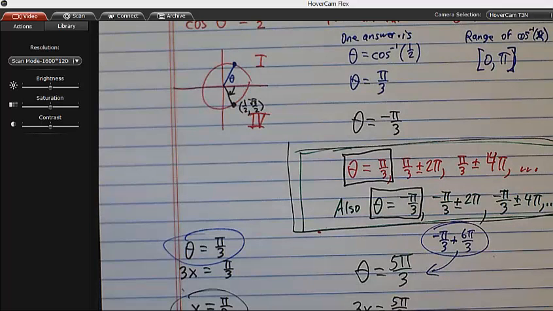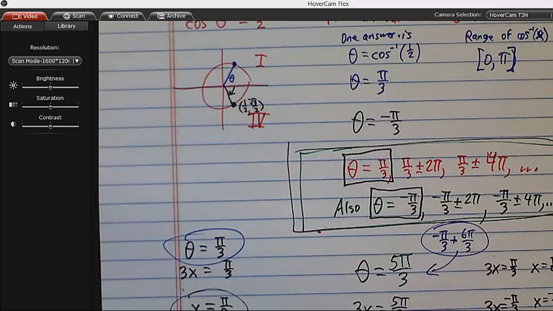But then what you have to do is you have to say, well, I know that 3x equals pi over 3 is a solution, and I know that 3x equals negative pi over 3 is a solution. So x could be pi over 9, and x could be negative pi over 9.